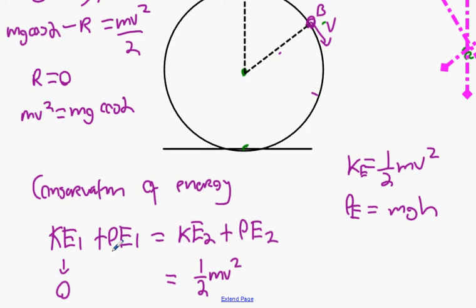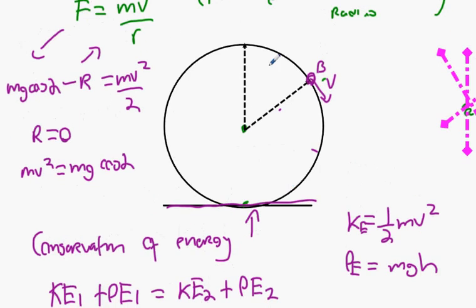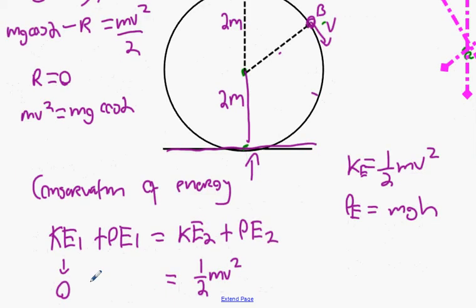Now, your potential energy at 1, what is that? We're taking the bottom of the circle as the baseline. So how high are you above that baseline at the start of the question? You're 2 meters and another 2 meters, which is going to get me 4 meters. Is that alright? So that's 4 mg.